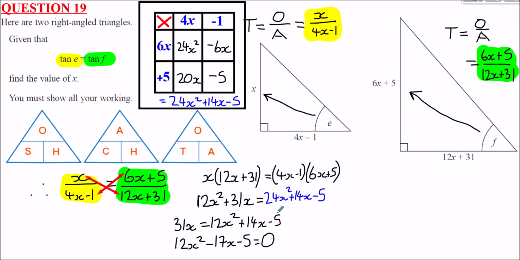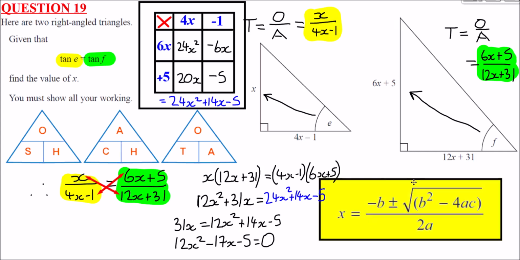It turns out it will, but I'd suggest that if it's a calculator paper, you might want to use the quadratic formula, which you might well find much easier. So I can now use the quadratic formula to solve it.